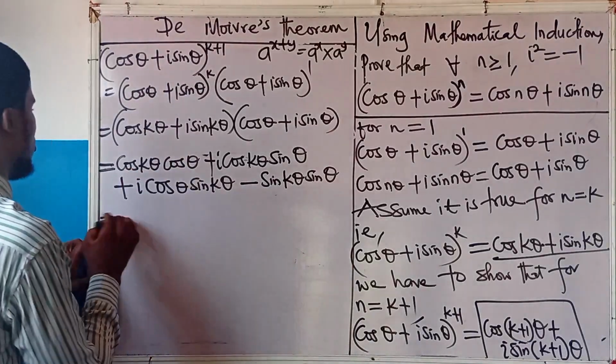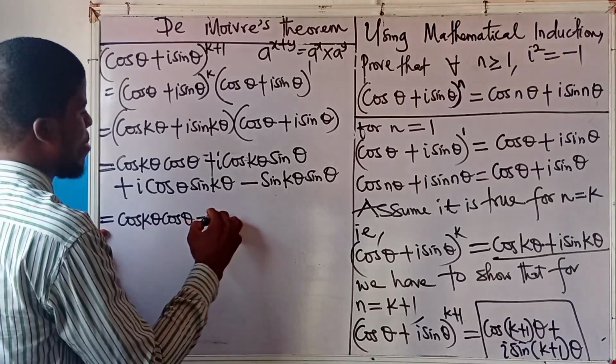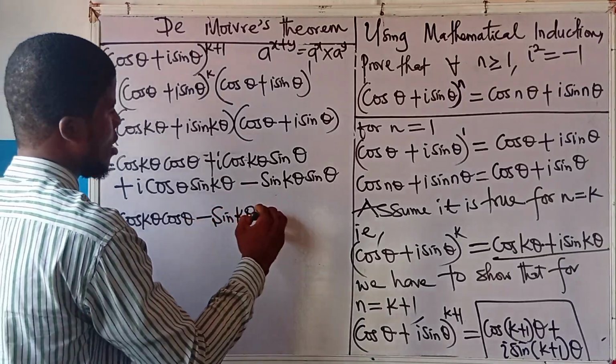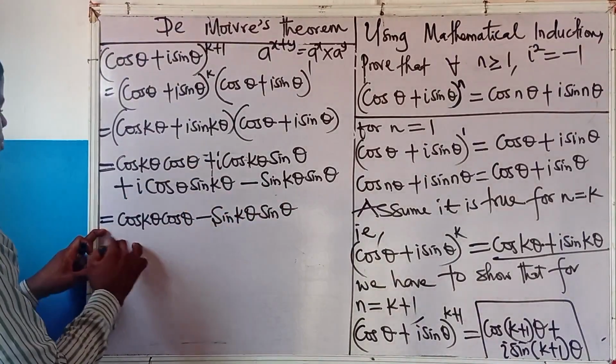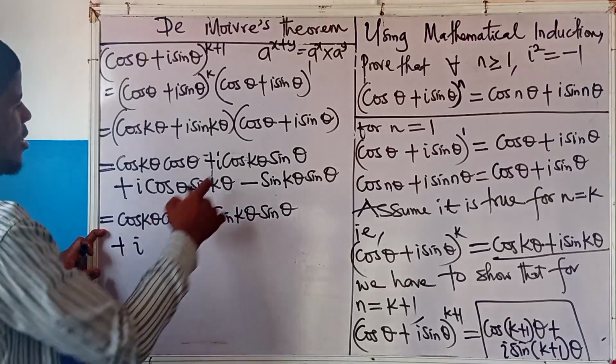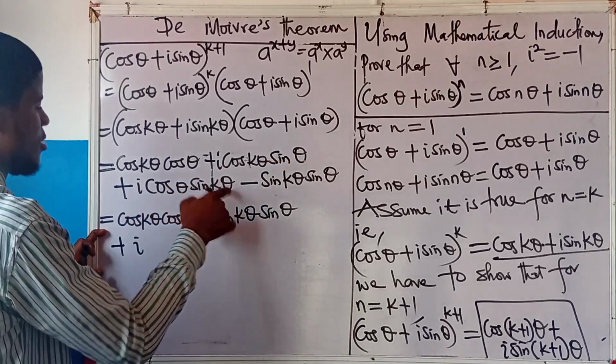So this will be cos k theta minus, I'm grouping them now, sin k theta sin theta. This is the first part. Then plus I cos k theta sin theta plus I cos theta sin k theta.